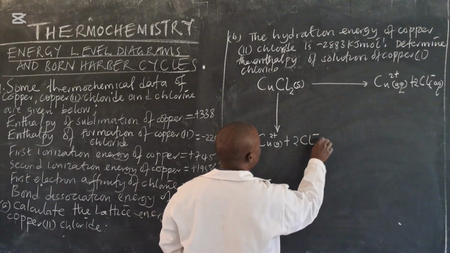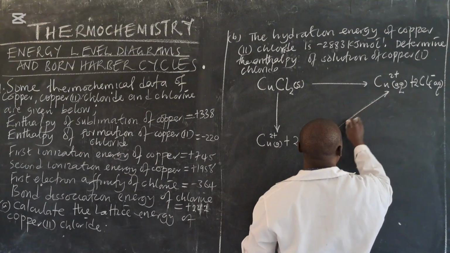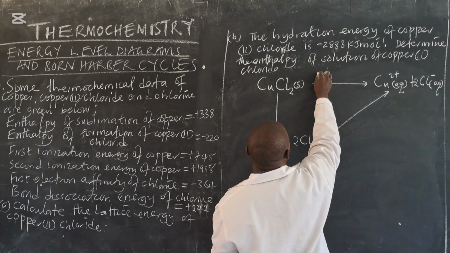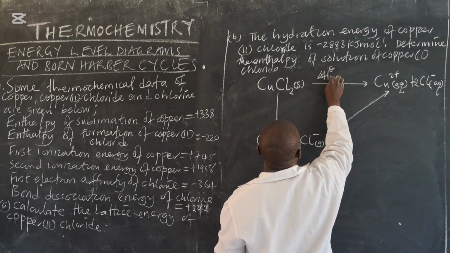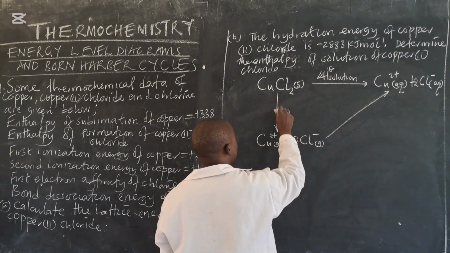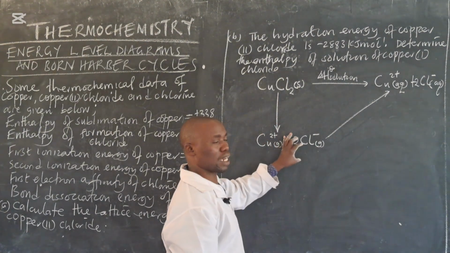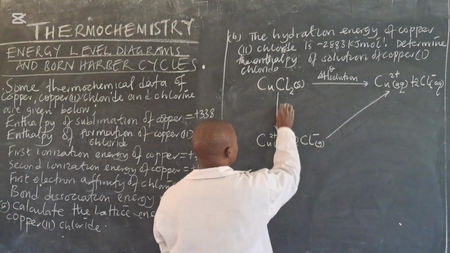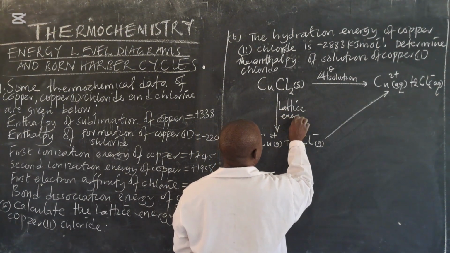So first form gaseous ions, then these ions undergo hydration. This is the enthalpy of solution, standard value. Then breaking the ionic bonds to form gaseous ions is called the lattice energy.